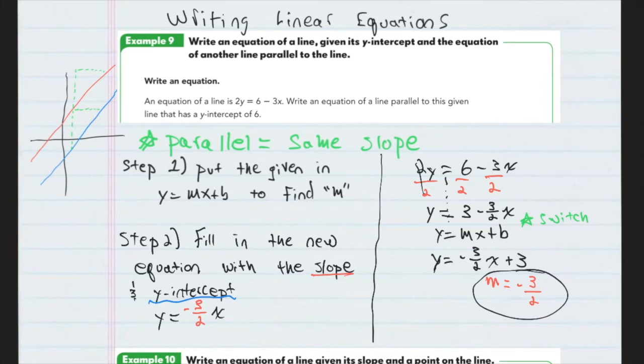And they give me the y-intercept right here. This is a line that has a y-intercept of 6. So then we would say plus 6. And so this would be our final answer.